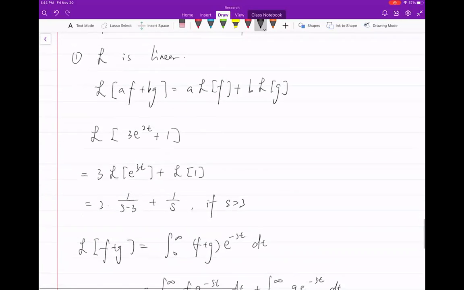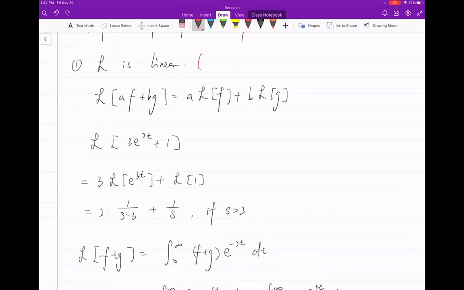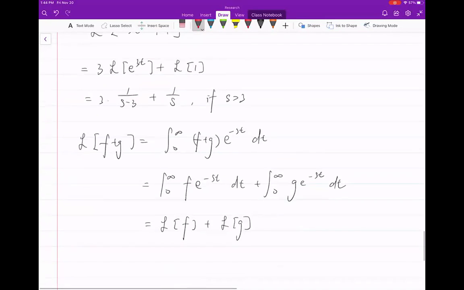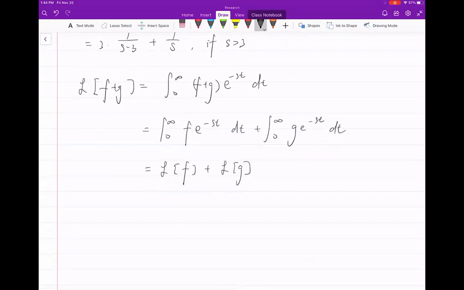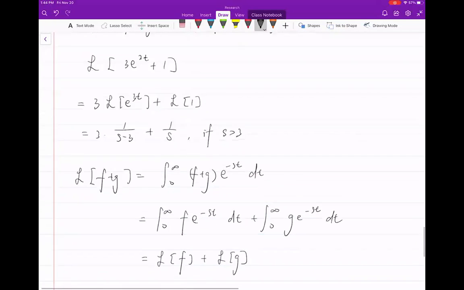Okay, so let's just write down one thing. This is linear because integration is linear. So we don't even have to prove. All right, linear.